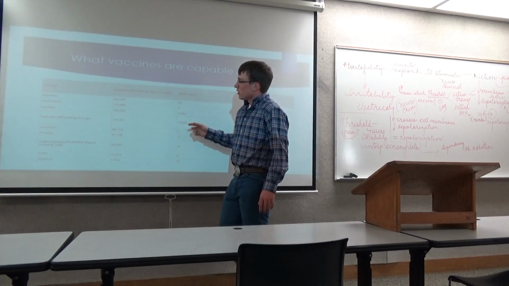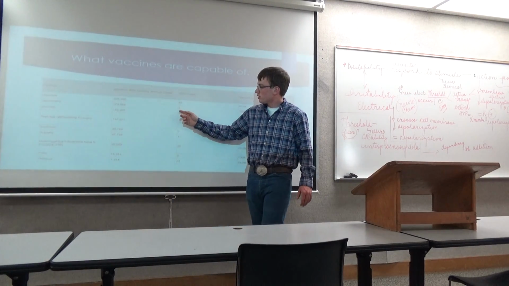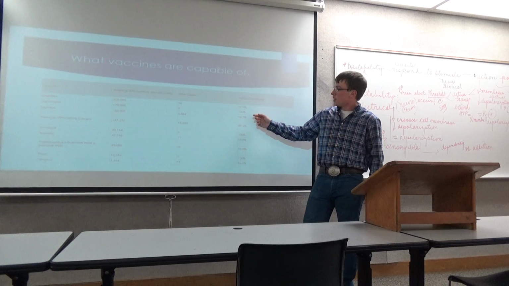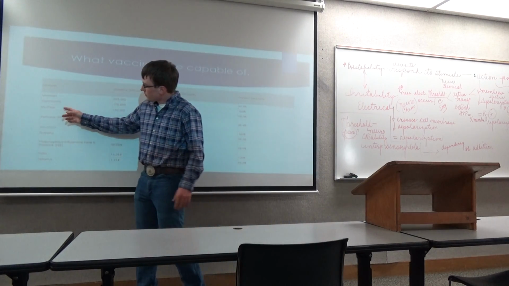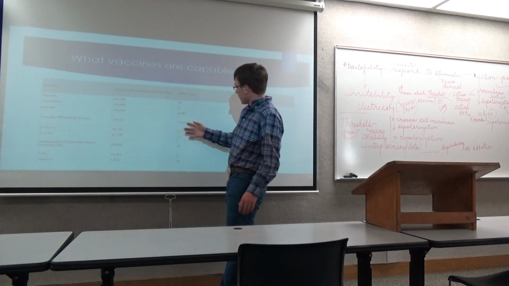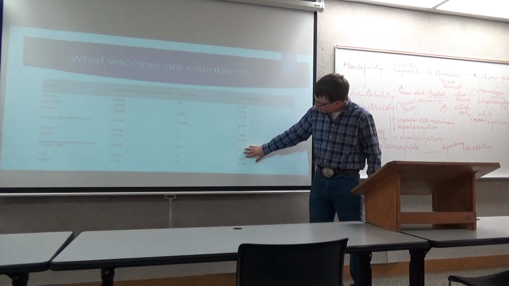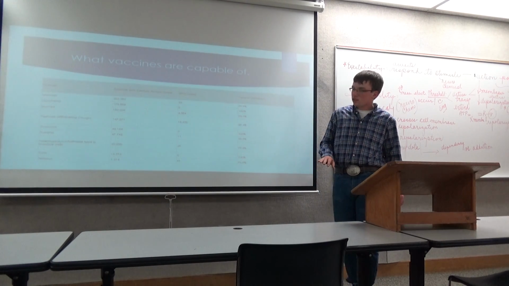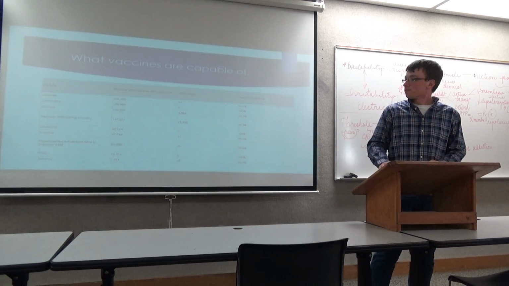Diphtheria, which we just looked at, had about 175,000 cases and 0 cases in 2006, a 100% decrease. I won't walk through every single one of them, but as you can see, there are crazy results. There's not any result below an 89% decrease. So that's a lot of aid.